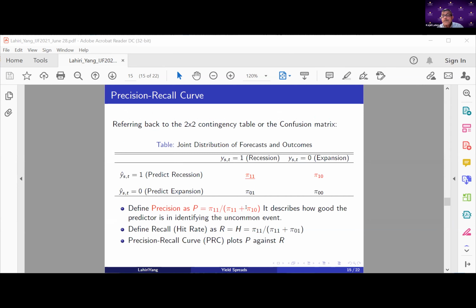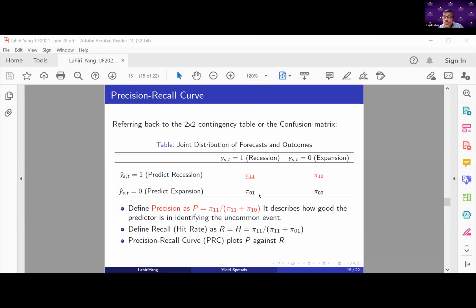All right. Now, what is the precision recall curve? This is a more recent thing in machine learning. See, this is a big number, right? Expansion, non-event for us. Most periods are expansion. So rather than defining a false alarm rate, they define precision as pi11 over pi11 plus pi10. That is called precision. And so they look at precision against the hit rate.